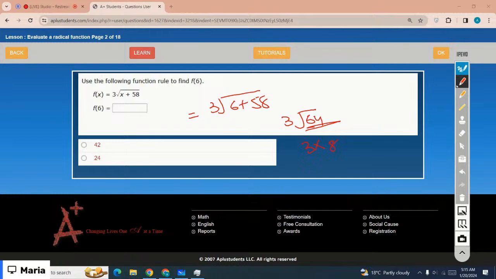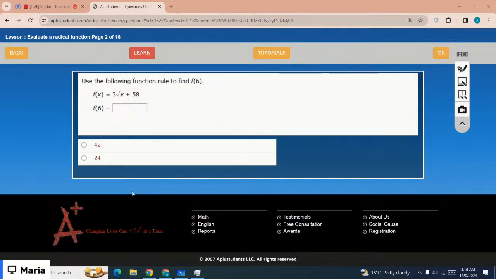So that is 3 times 8, and 3 times 8 equals 24. So the correct option is 24. Option number 2 is the correct option.